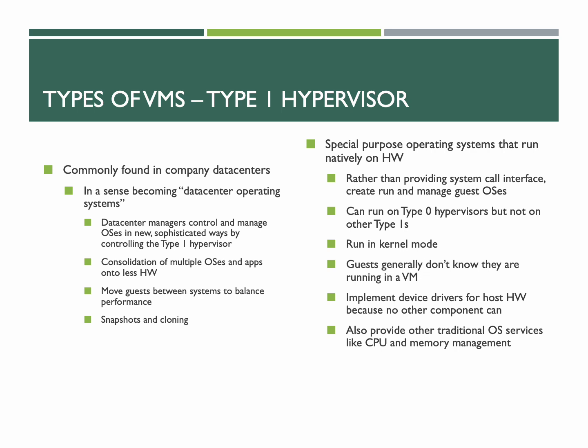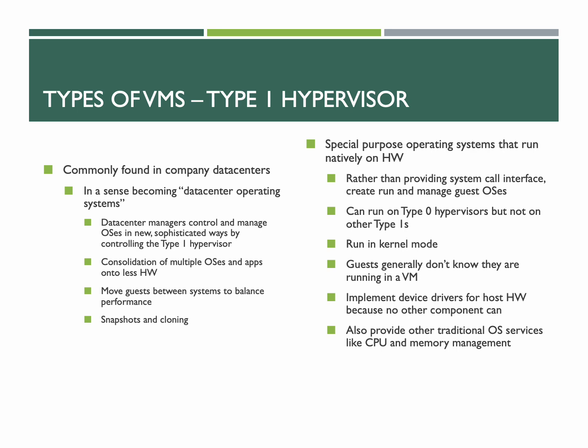One of the primary benefits is the consolidation of multiple operating systems and applications onto fewer physical machines, optimizing hardware use and reducing costs. These hypervisors can move guest systems between physical hosts to balance loads and optimize performance, an essential feature for maintaining high availability and efficiency in data centers.